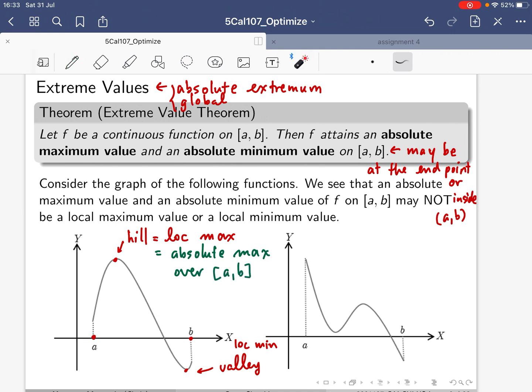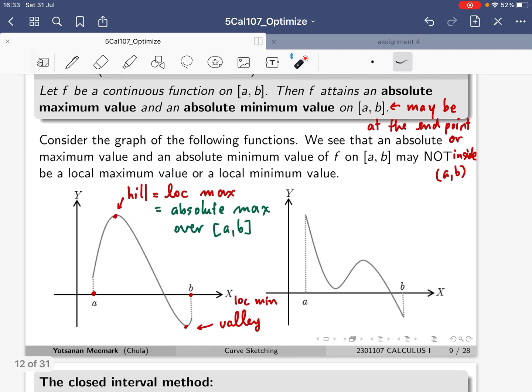Okay, how about this one? Do we have any y value that is lower than this value? No, right? This is the lowest point. So it means that this one also corresponds to the absolute minimum of this function over the closed interval from a to b as well.